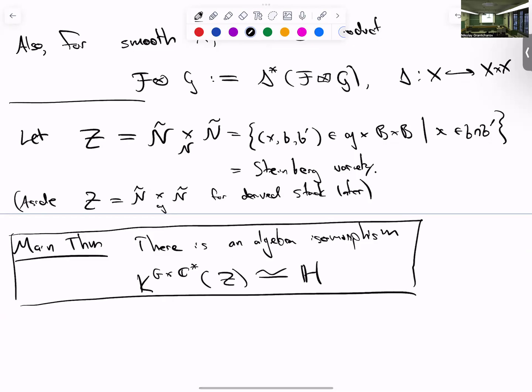This holds for the same restrictions on G as before.